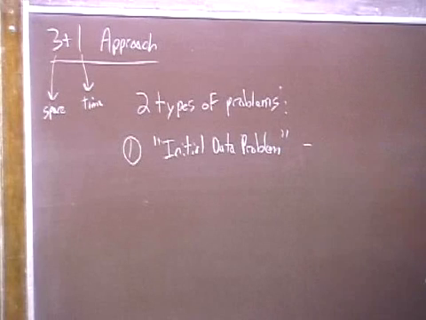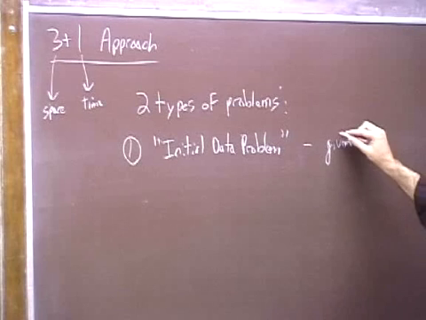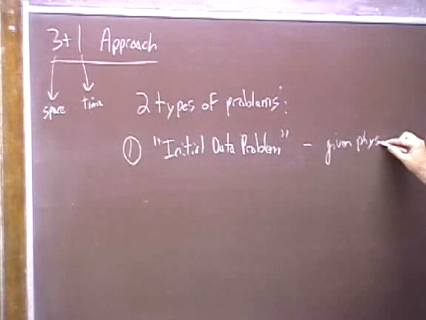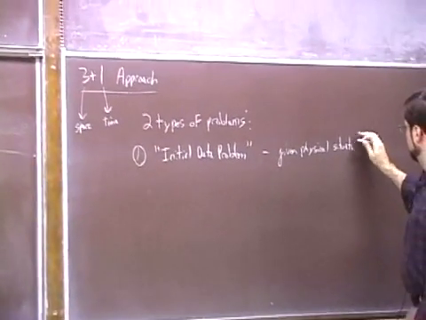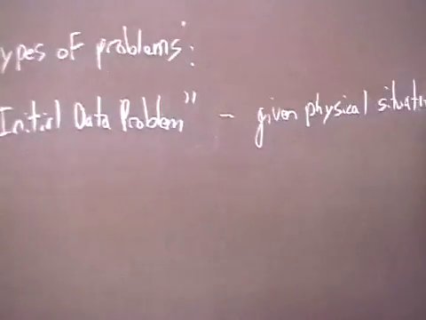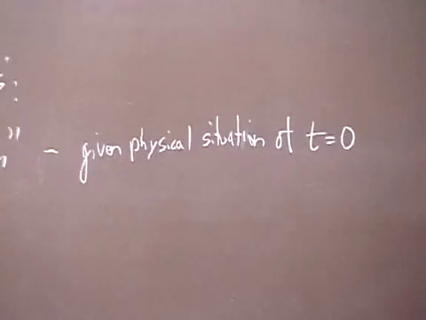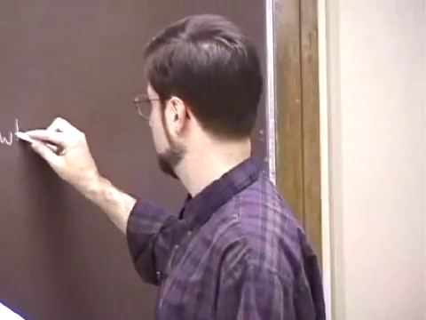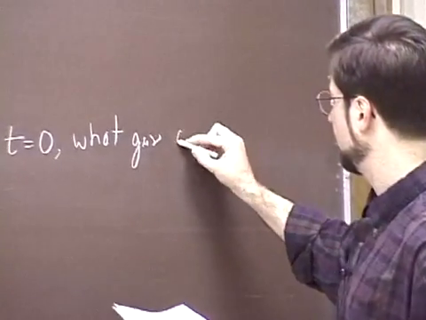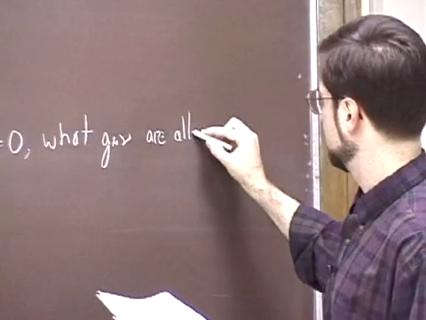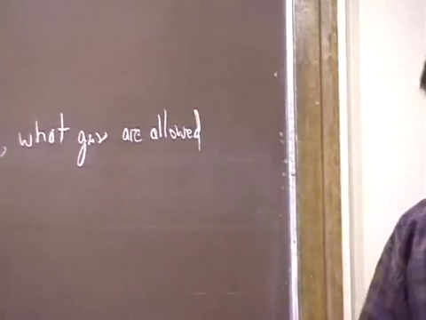This is, given some physical situation at t equals 0, or at some constant time, what fields are allowed? By fields, I mean the gravitational field, which is measured by the metric.